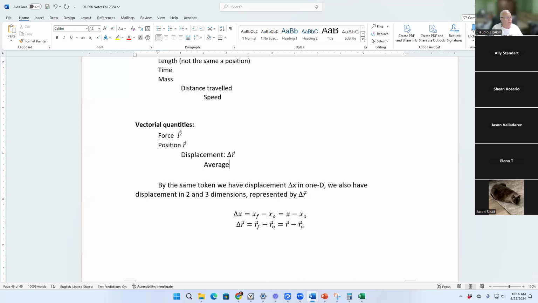For the one-dimensional case, we also have the average velocity. We represent the average velocity with the vector notation, with the arrow at the top.